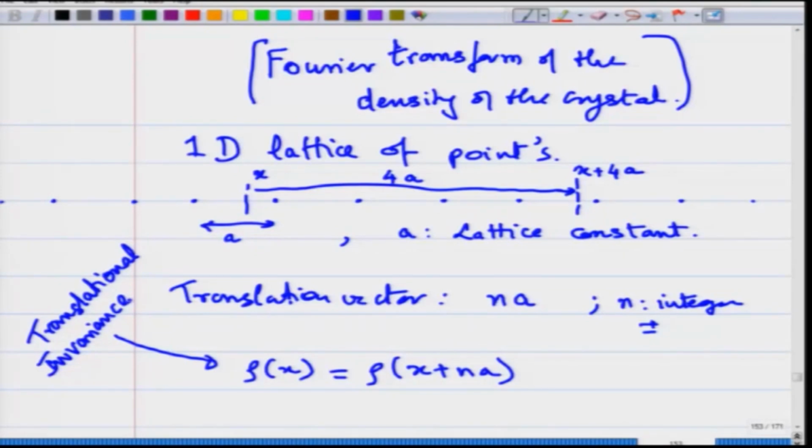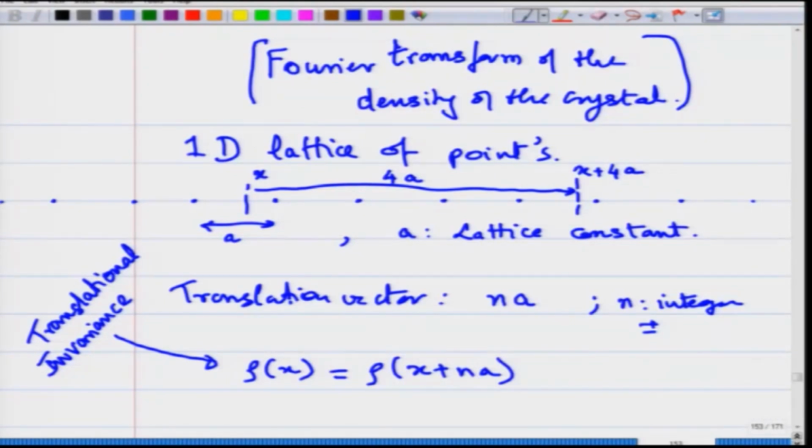This is a very important property of the lattice, that if I move from one point and I translate by using the translation vector, then the distribution of points, the number density, should look exactly identical. And in one dimension I can write it like this: the density of points at point x, where x is any position in the lattice, rho of x should be equal to rho of x plus na.